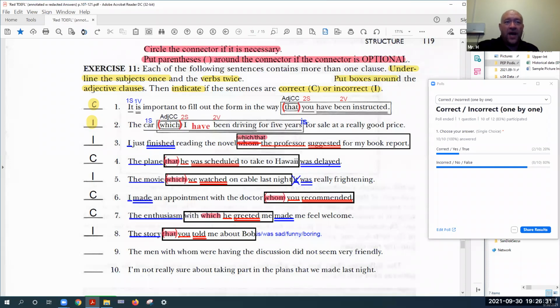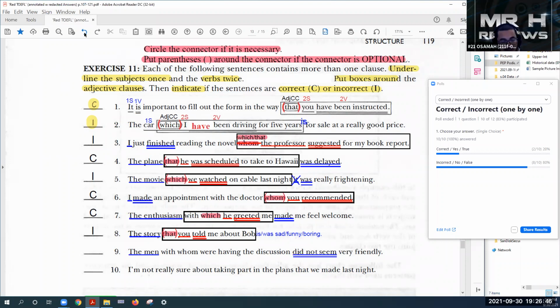All right. How about number 9? The man, subject, verb. Find the verb, gentlemen. It's the same verb. Did not seem. I think it's correct. Oh, where's the second subject? It's not correct. There is no second subject.